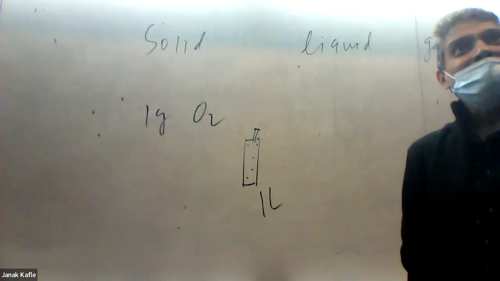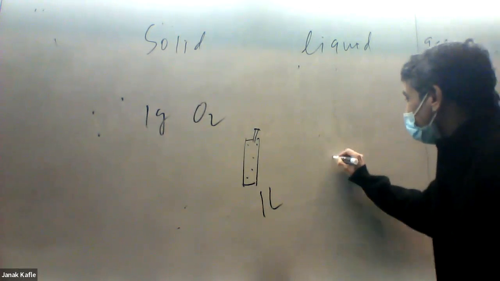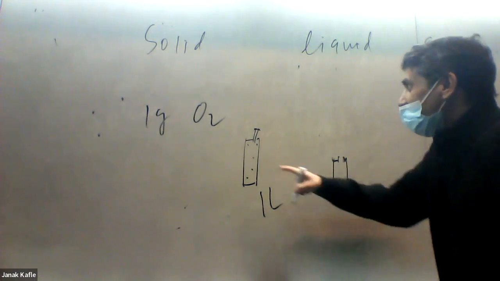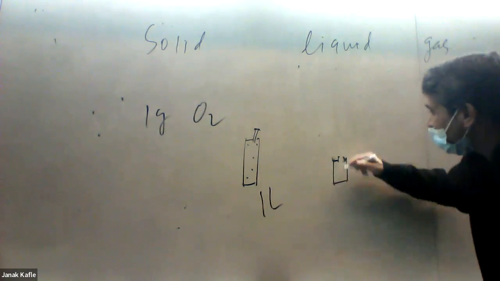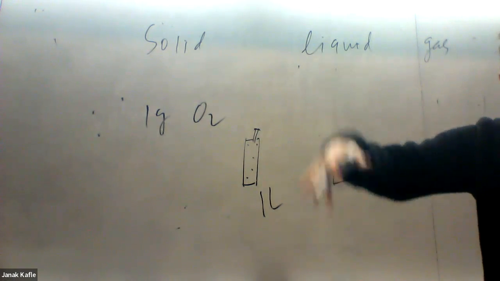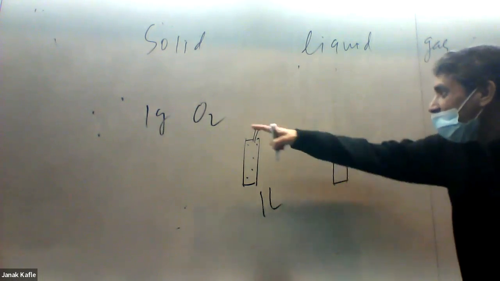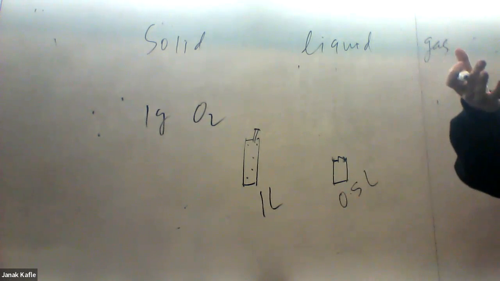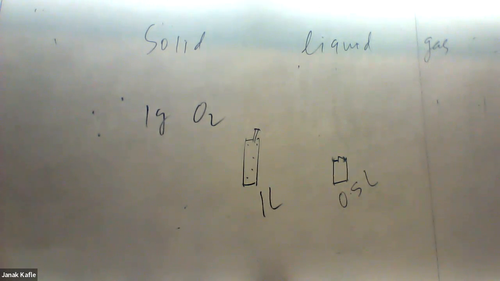Make sense? But what you could do is take even a half liter cylinder, put the 1 gram gas here and compress it with a certain compression mechanism, and you can put that 1 gram within half liter. Same amount of gas, but you are just compressing or allowing it to expand, right? So gas doesn't have definite volume.